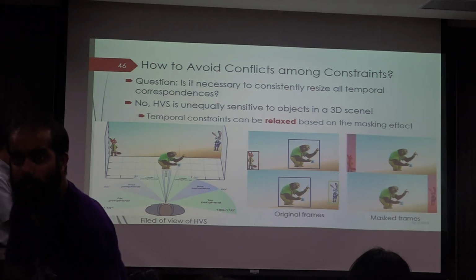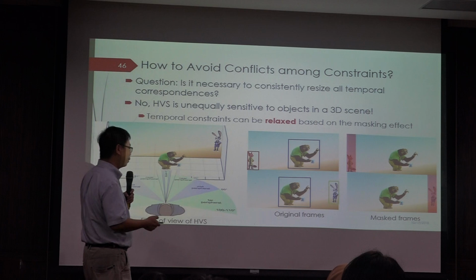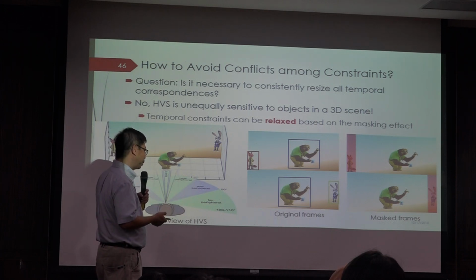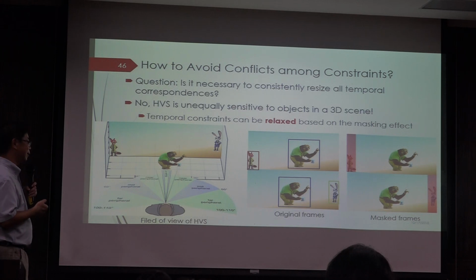So based on the masking effect of the human visual system, we can choose to relax the temporal constraints on the so-called isolated region or non-paired region here, and we will have more margin for the shape, depth, and temporal constraints, so that there will be much fewer constraint conflicts.